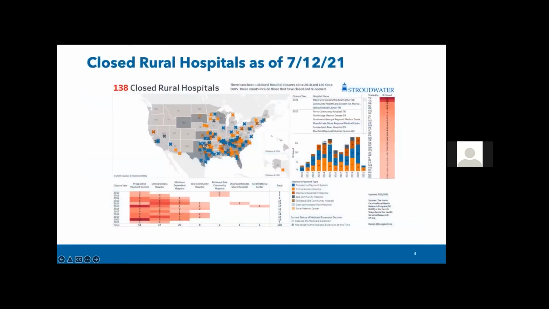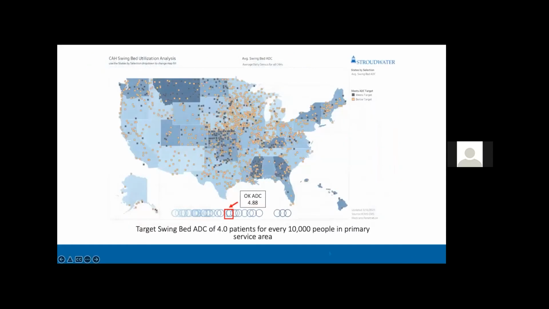And as I mentioned, this is just a snapshot of rural hospital closures, and it certainly does impact the ability related to access. And we are seeing volume declines impacting some of those closures.